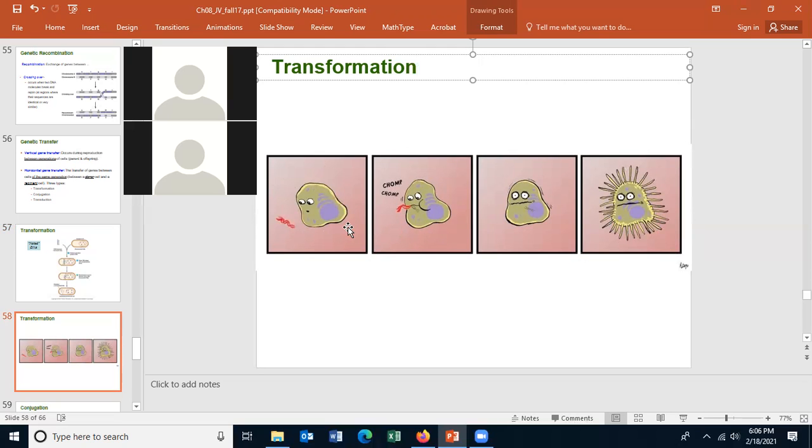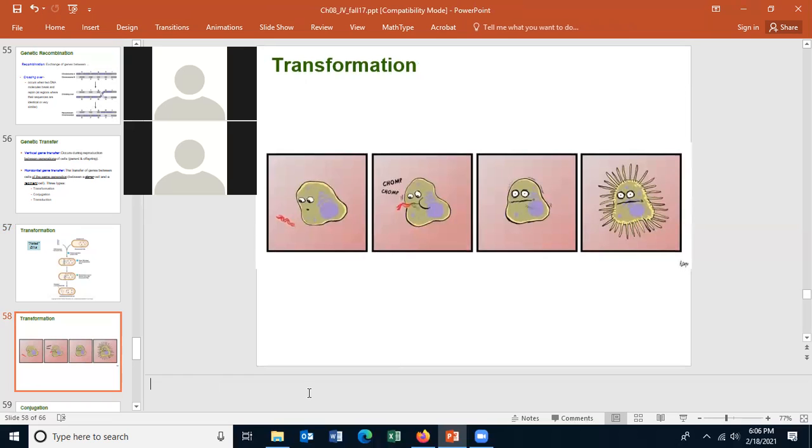And that cell could get antibiotic resistance by mutation, but mutation happens, let me write it here, at 1 times 10 to the 6th.